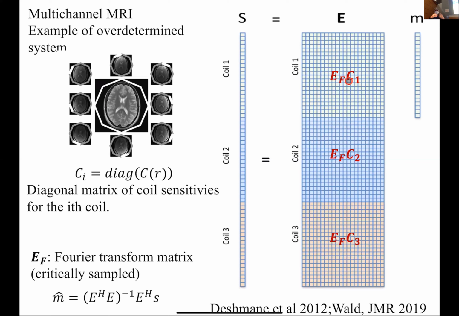People have come up with many different ways of doing that, and it's fairly standardized now. But the general framework is you write it as this linear equation and just solve it, because this is the best you can do. You're saying this is the data I acquired, this is what I'm trying to estimate, and this is how the data were created. So I'm just going to look for whatever m minimizes the error. And that turned out to be a pretty good solution.